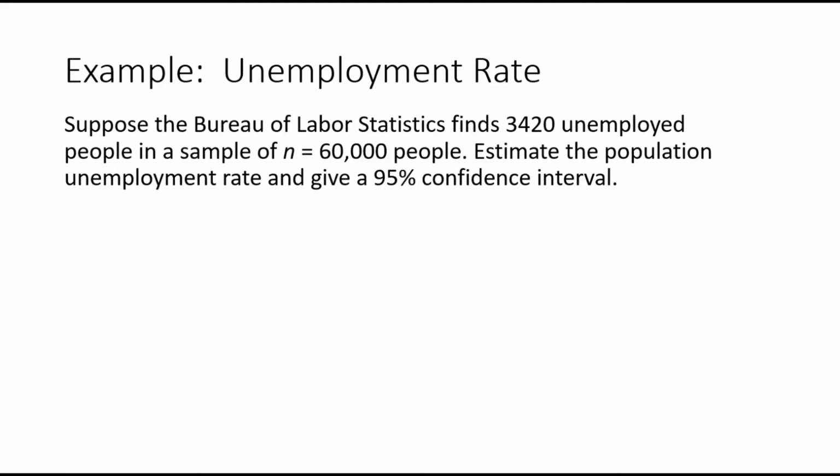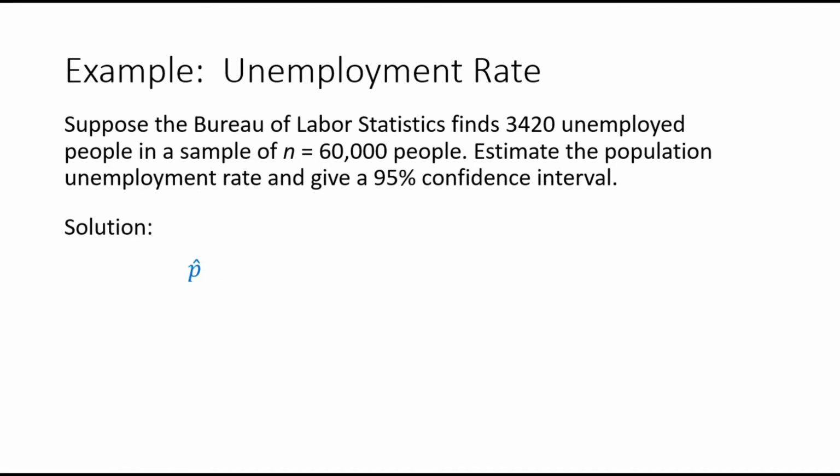Example: unemployment rate. Suppose the Bureau of Labor Statistics finds 3,420 unemployed people in a sample of n equals 60,000 people. Estimate the population unemployment rate and give a 95% confidence interval. Solution. We first compute the sample proportion.